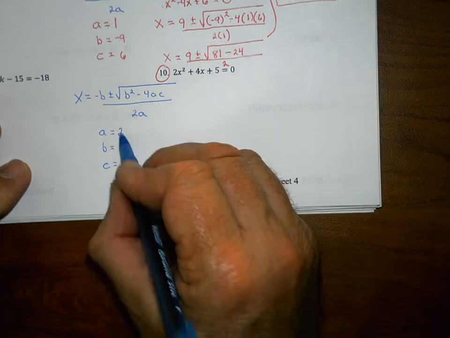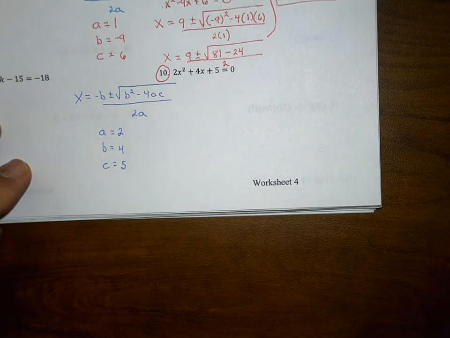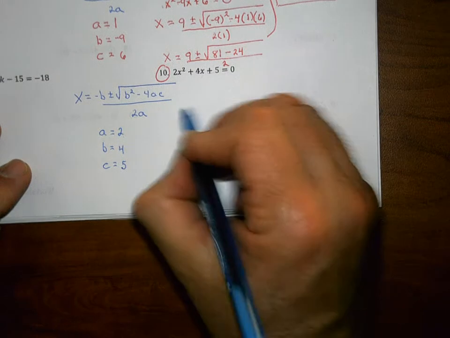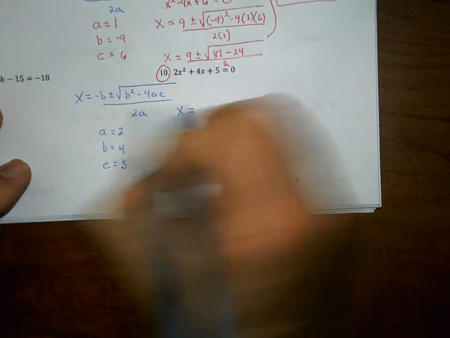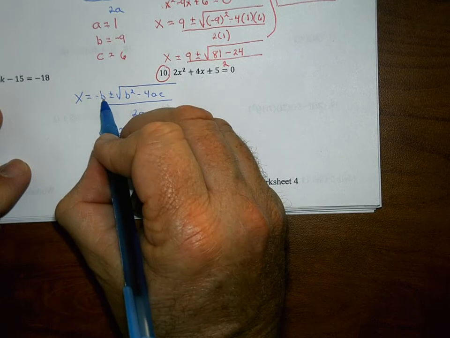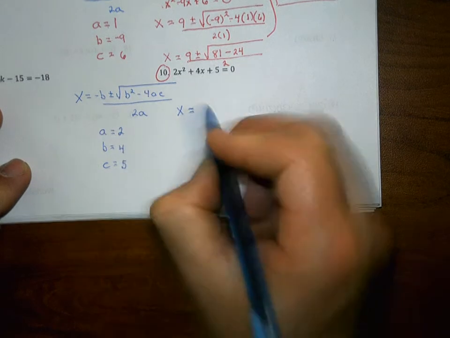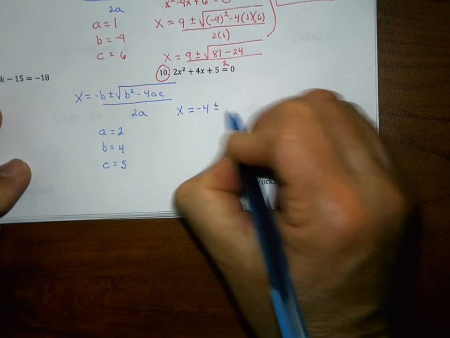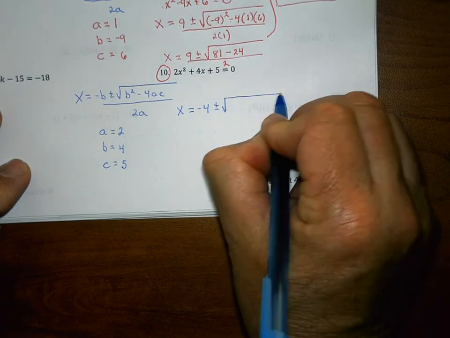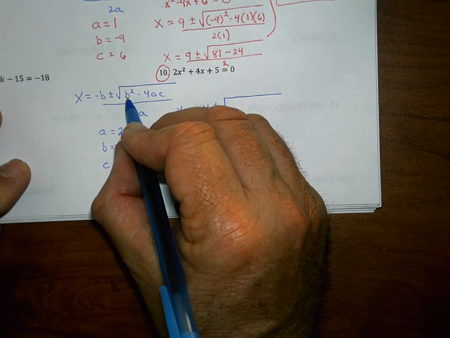Now I'm going to substitute 2, 4, and 5 into the quadratic formula. When I do that, my formula becomes x equals negative b. Once again, what does that mean? It means the opposite of b. We said b was 4. The opposite of 4 is negative 4. Plus or minus the square root, and now I'm going to put all my numbers in parentheses in the place of the variables.